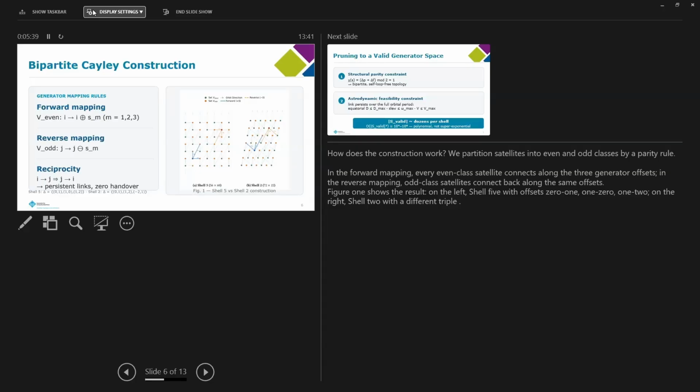As you can see, Figure 1 on the right shows the result. For shell 5 of Starlink, we pick the 0,1, 1,0, and 1,2 offsets, and we form this topology. And on the right is shell 2 of Starlink, where we pick another offset to form this topology.